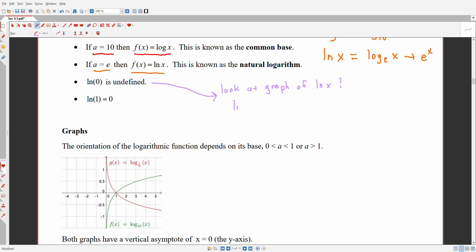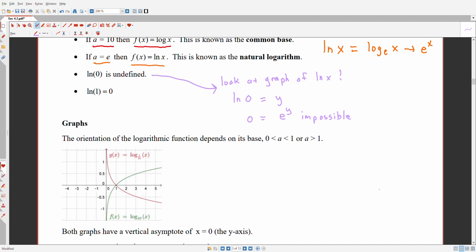Let's say the natural log of 0 were to equal something. Let's call it y. Well, what would this mean? This would mean that 0 would equal e to the y. And this is impossible, because as we discussed in our last video, as part of our calculus examples, e to a number is always positive. It can't be 0.